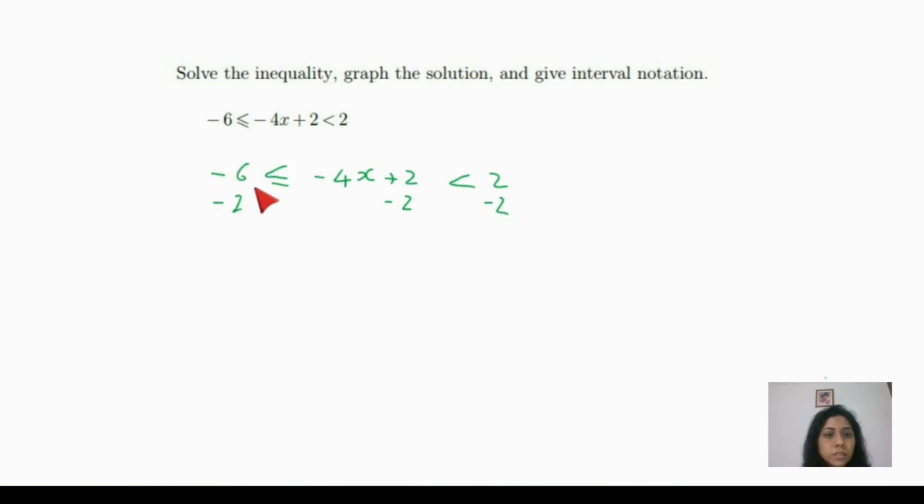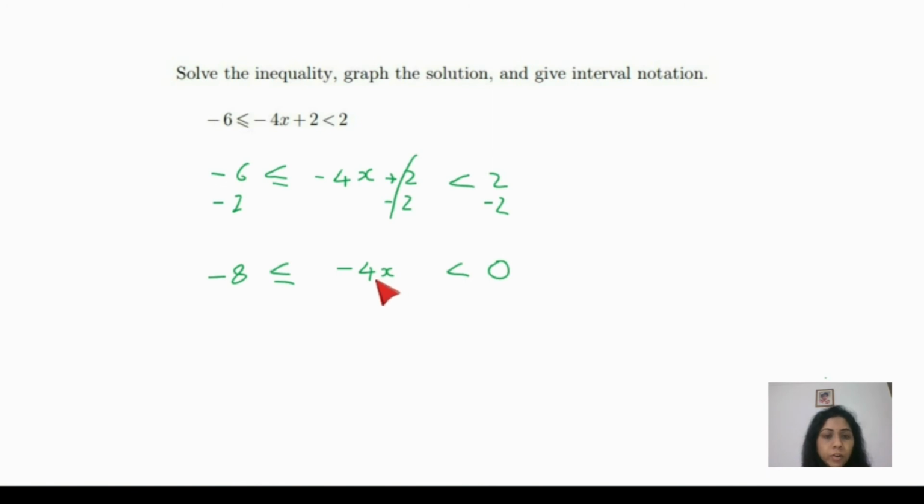Okay, so this is -8 less than or equal to, this is cancelled, so -4x, and 2 minus 2 will be 0. Okay, now divide all sides by negative 4.